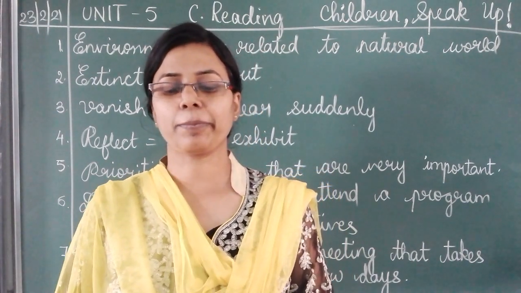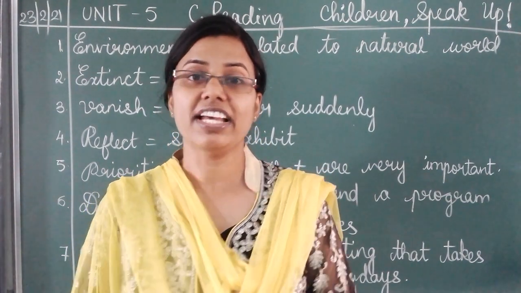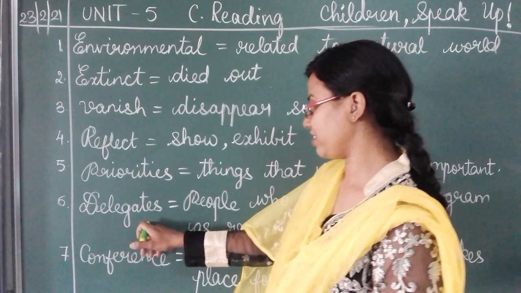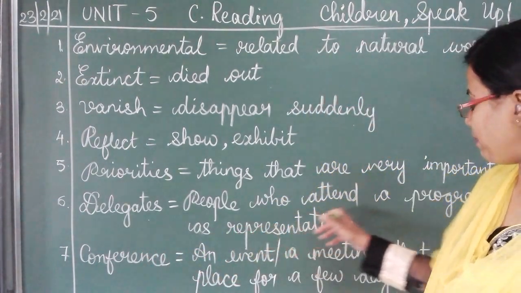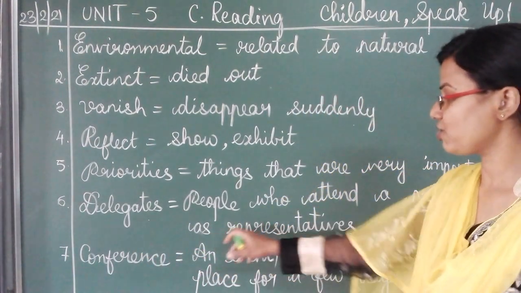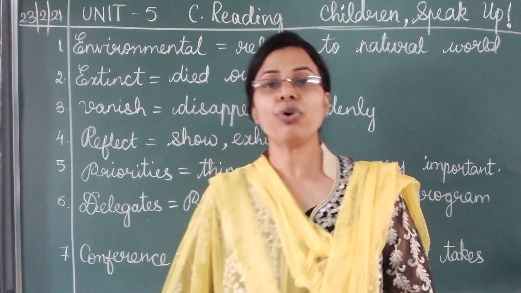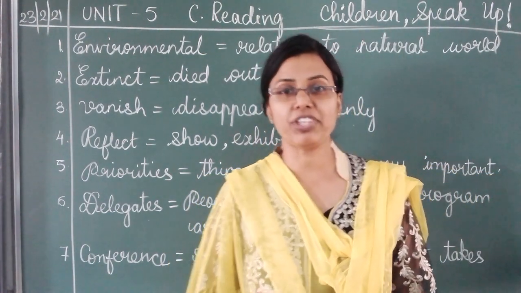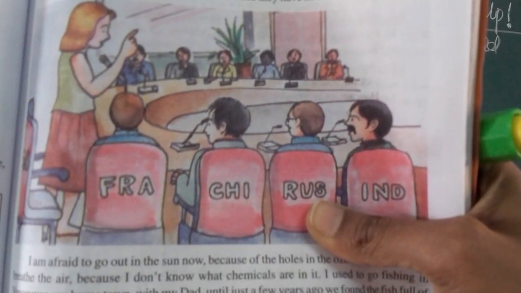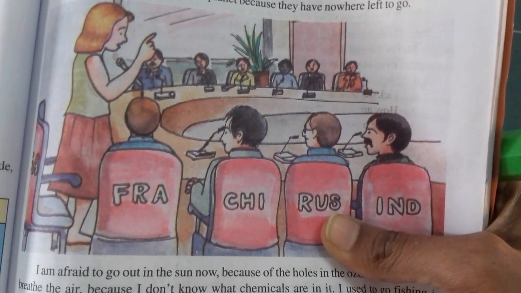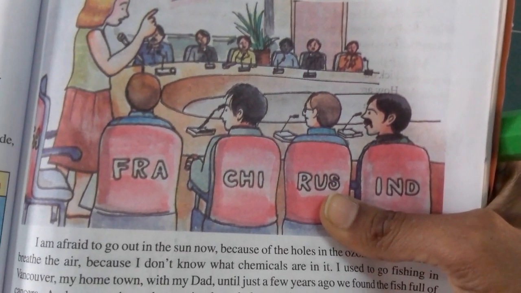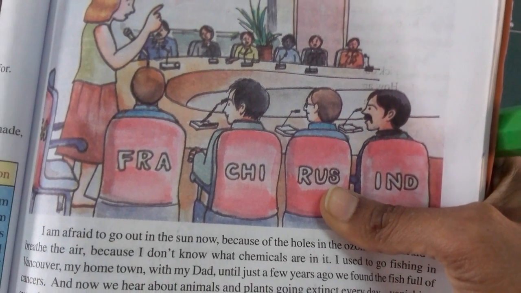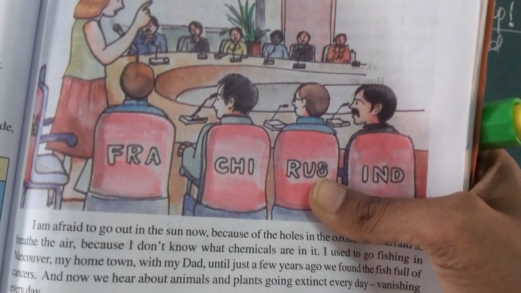So here we came across the word delegates. Delegates are the people who attend a program as representatives. So here in the textual picture, you can see that on the chairs some 3 letters are written. FRA means somebody who has come from France.